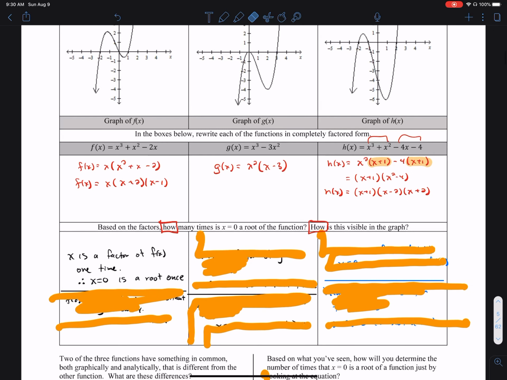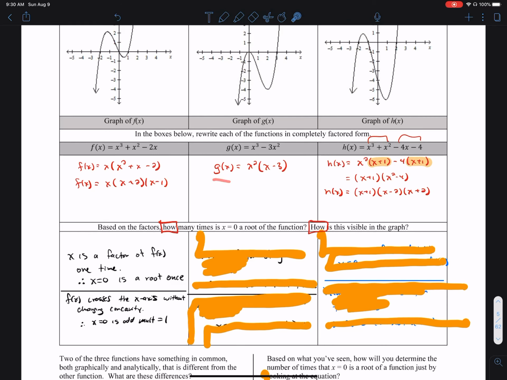Well, if you look at the graph here at 0, f of x crosses the x-axis without changing concavity. Therefore, x equals 0 is odd multiplicity, that equals 1. We knew that going into it. And this is just confirming that if x is a factor once, then it's going to have an odd multiplicity, which means it's going to cross the x-axis without changing concavity.